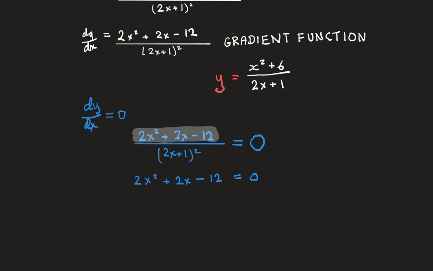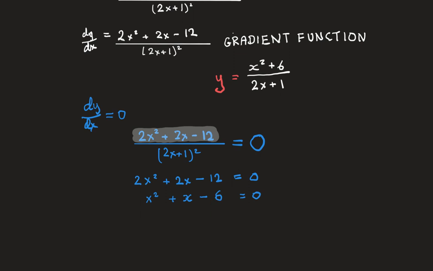Now this is a quadratic expression where I can see that 2 is a common factor, so I can divide the whole expression by 2. You may want to factorize it using the quadratic formula, or you can just factorize it by noting that minus 6 has 2 factors, and that could be 2 and 3.